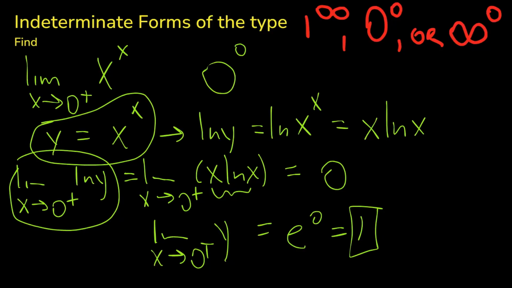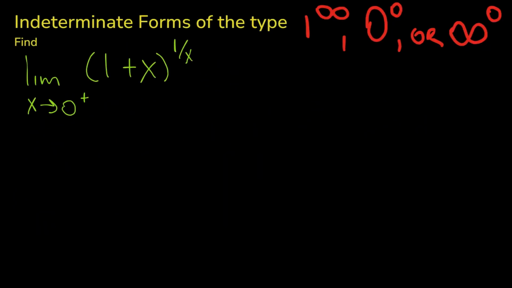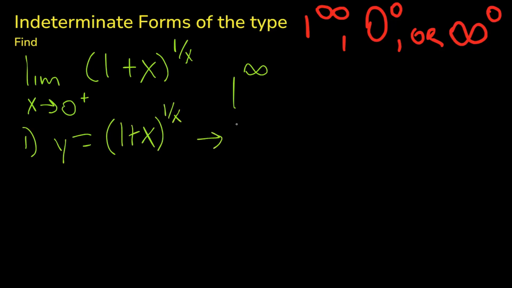We'll do a couple more to show you how this works out. In this situation here, if we let x approach 0, you would have an indeterminate form of the type 1 to the infinity power. First thing we're going to do is let y equal 1 plus x to the 1 over x, and then natural log both sides.